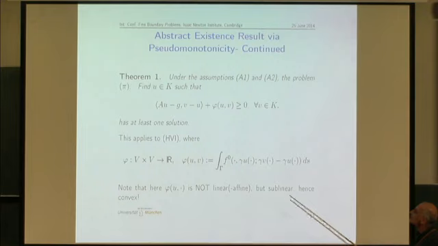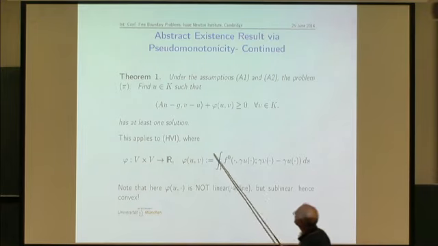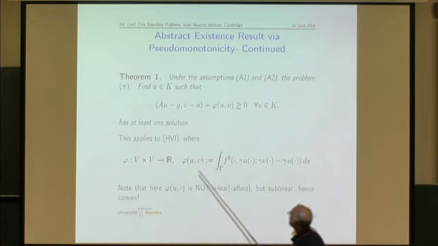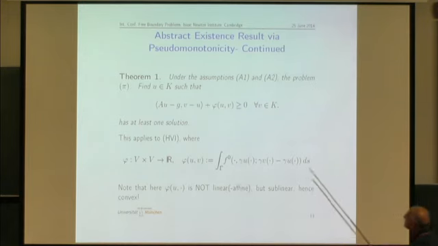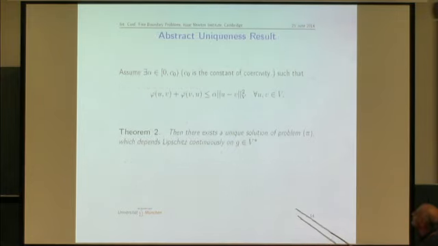Under this condition you can prove that the original pseudo-monotone variational inequality has a solution, and this then applies to our hemivariational inequalities.